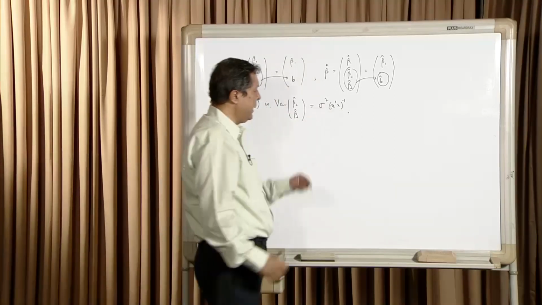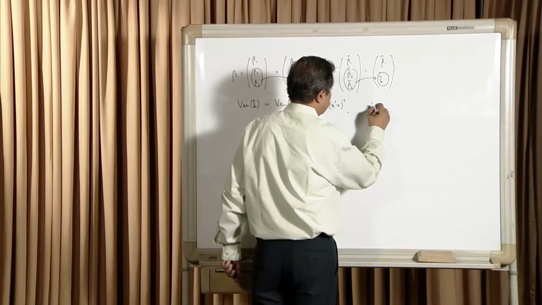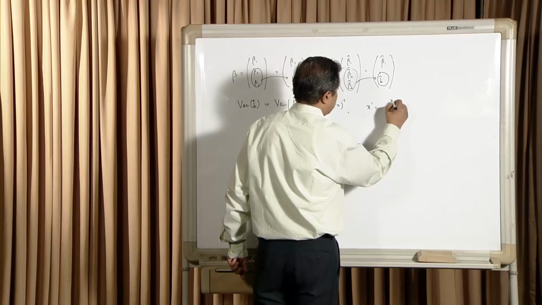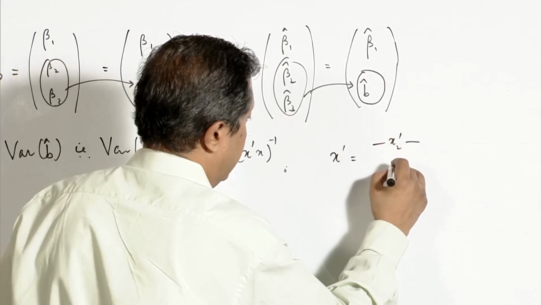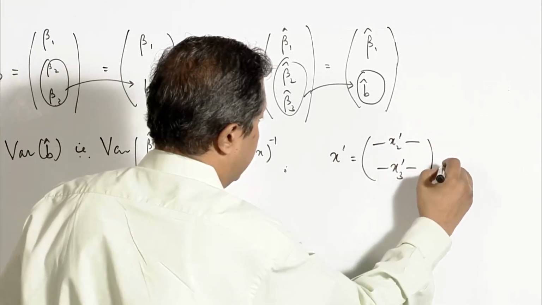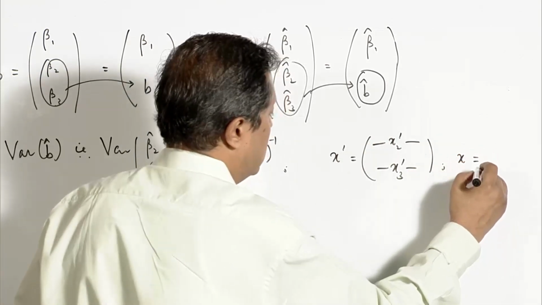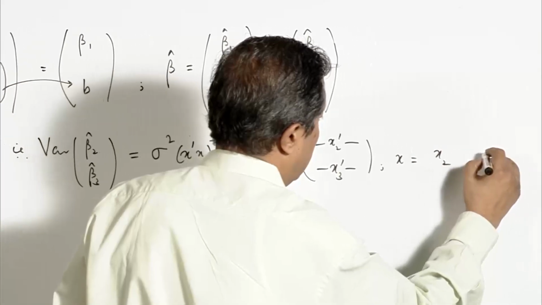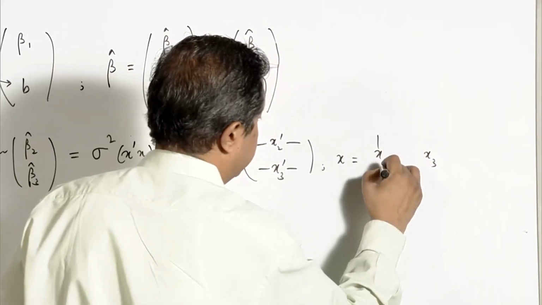We recall that x prime is equal to x2 prime and x3 prime, and x is equal to x2 and x3.